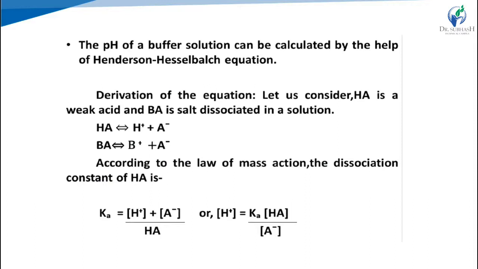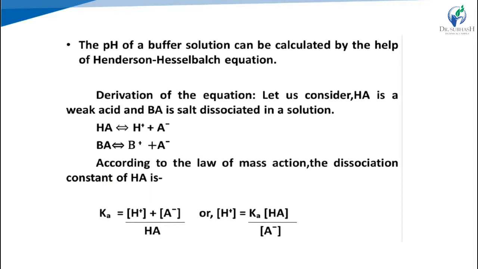This is called the common ion effect. So a weak acid is slightly dissociated, and its dissociation is further depressed by the addition of the salt, which provides the common ion, that is the A minus ion.